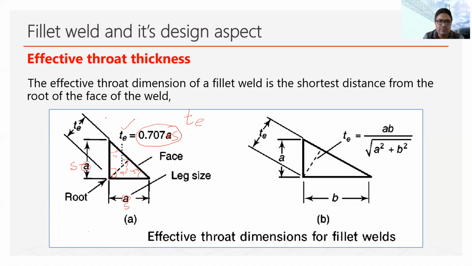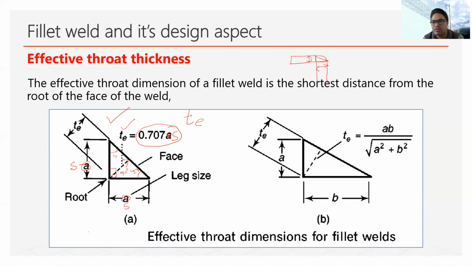Mostly this case will occur, but by chance, if, for example, there is a plate and another plate has to be joined like this, and we have to do the fillet weld, then we can see that this triangle will have a different size of weld and this one will have a different size of weld.